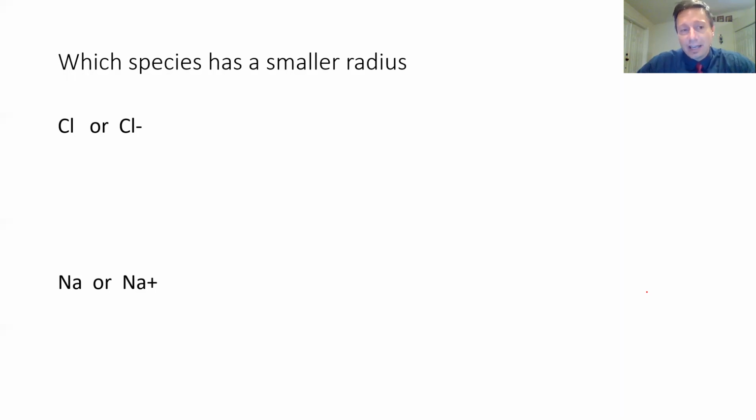You would have to say something along the lines like this. You have added an electron. So by adding that electron, you have now caused that radius to increase. So the smaller radius would be the neutral chlorine.